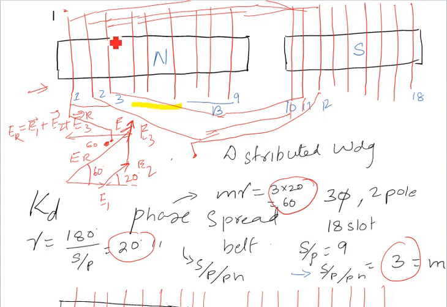This is how the resultant EMF of the distributed winding is calculated.